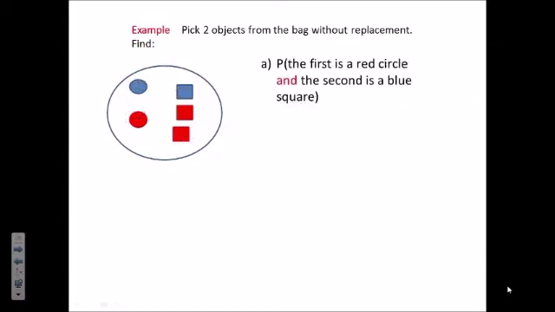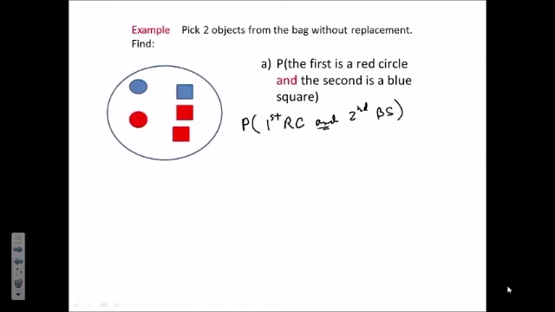This time we're picking 2 objects from the bag without replacing them. What's the probability the first pick is a red circle and the second is a blue square? Well, here we're pretty much forced to use the multiplication rule. So it's the probability the first is a red circle, I'll abbreviate it that way, and the second is a blue square.